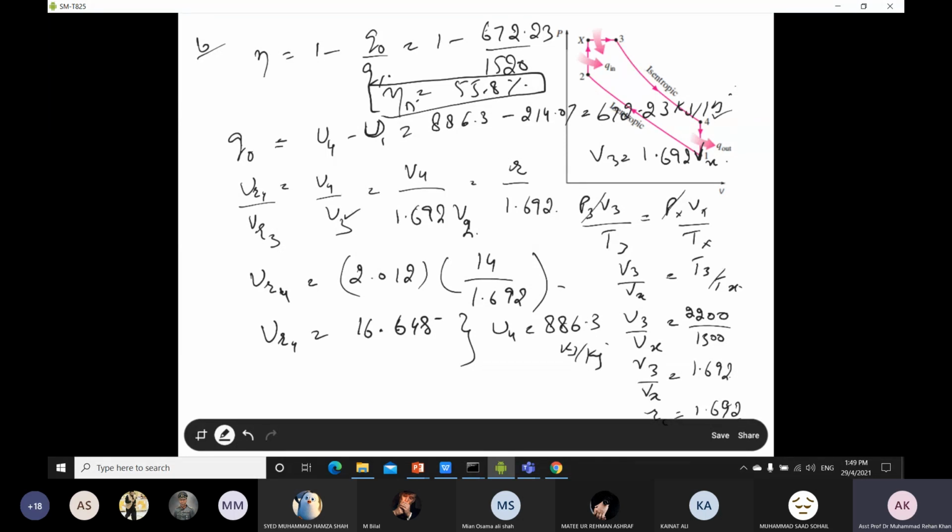So you can note it down, then I will move towards the next question, which is also related to the dual cycle.